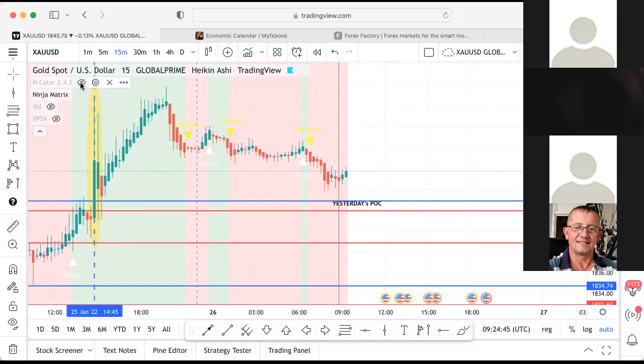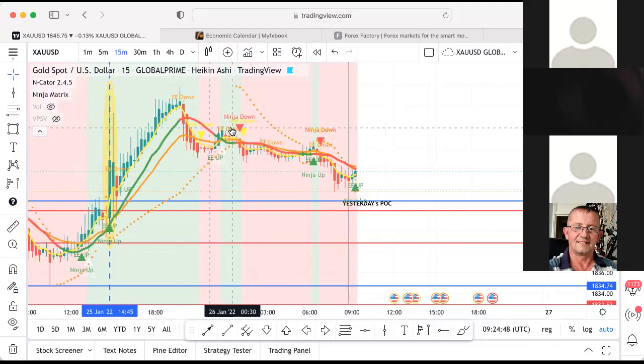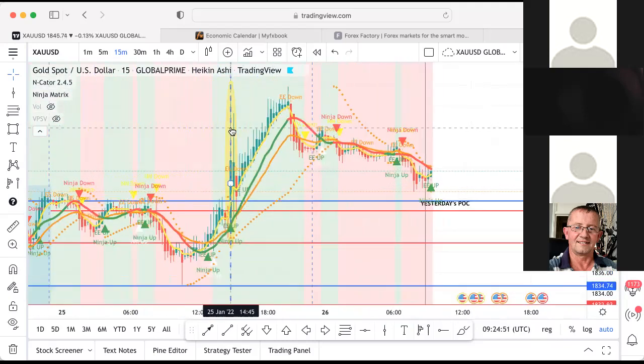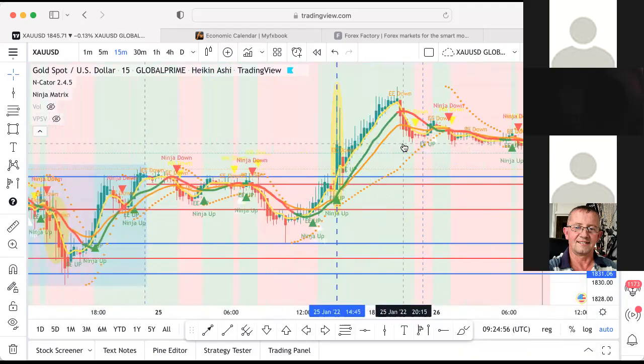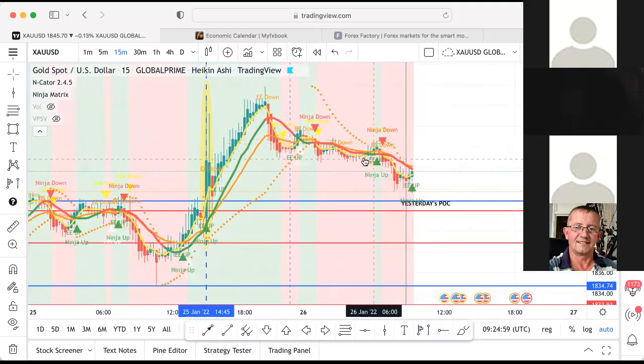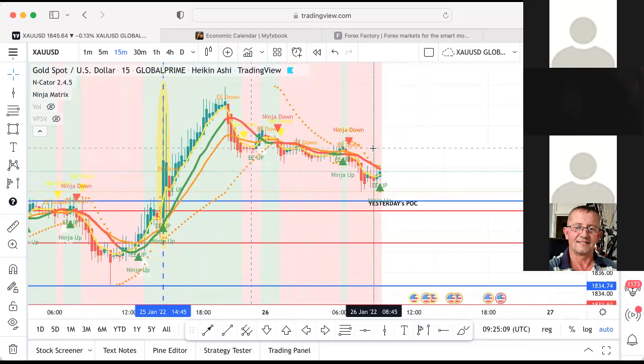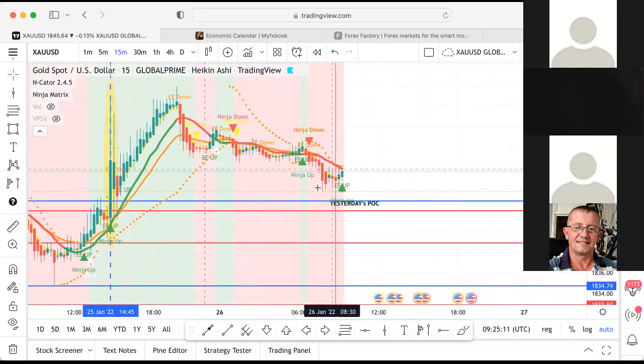So let me try and find an example. I've moved the lines now, but as a general principle, let's say I got into this trade when the ninja went down.